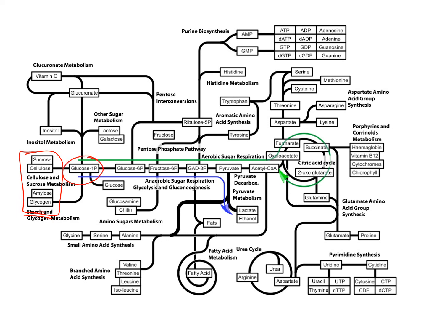And then glucose will go through glycolysis. Once it goes through glycolysis, forming pyruvate, then that can enter into the citric acid cycle and eventually go to the electron transport chain where ATP is produced.